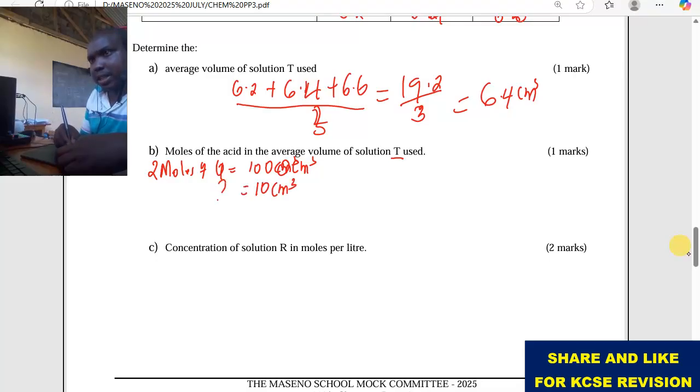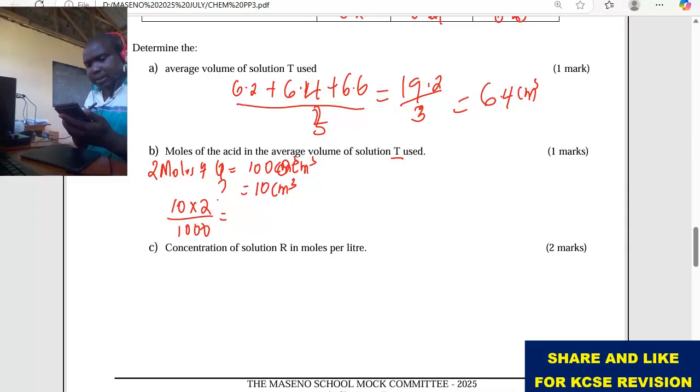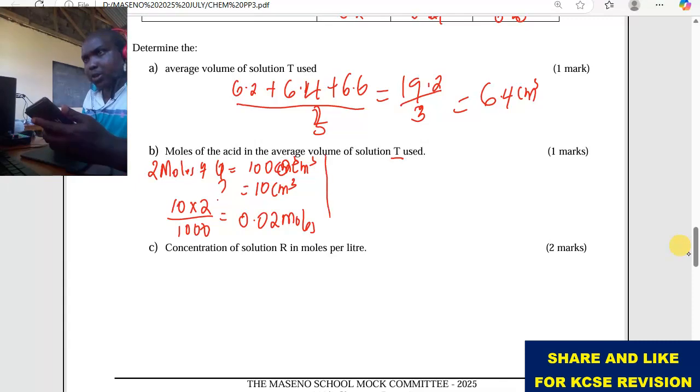That is 10 times 2, divided by 1,000. You hear that? So take your calculator and press 20 divided by 1,000. You get 0.02 moles.